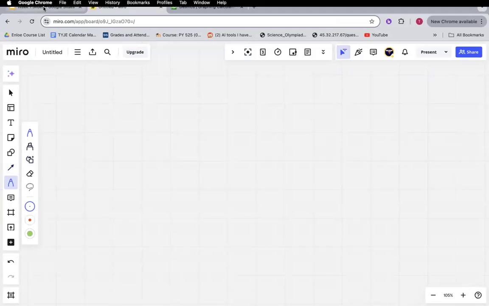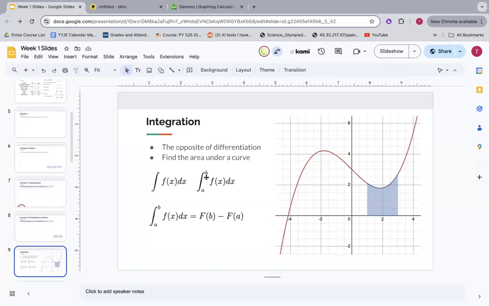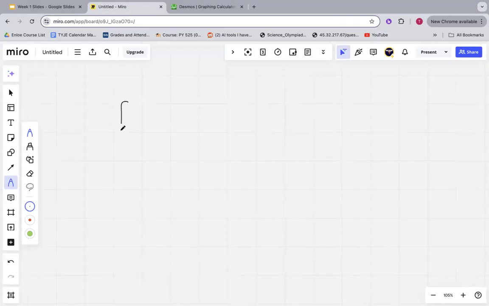So this is the indefinite and definite. It's just whether there are bounds. Bounds are just the a and b values that we put on the left and right. I already explained what the definite integral does: it gives you the area as you go from a to b.